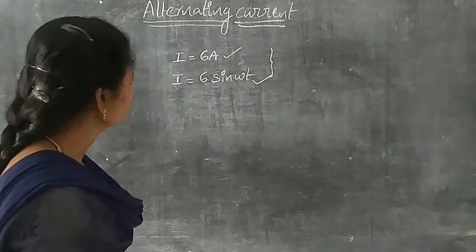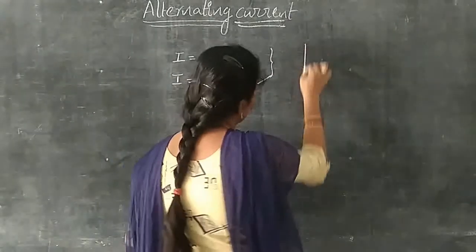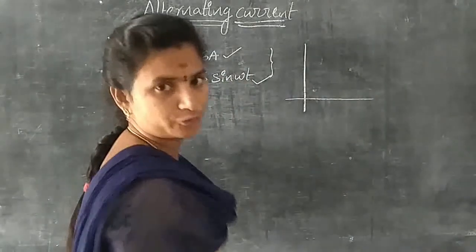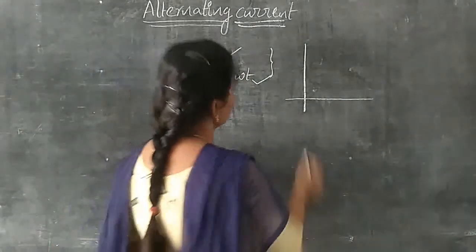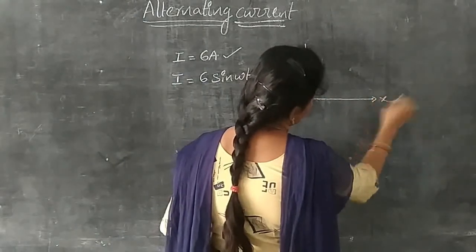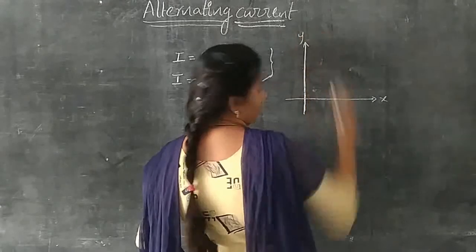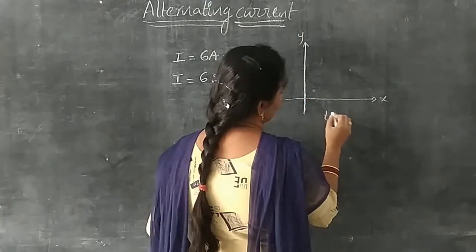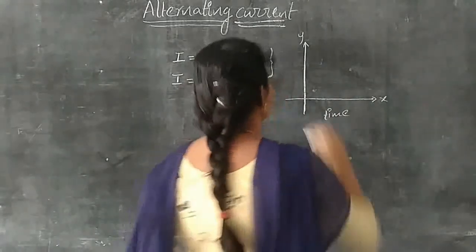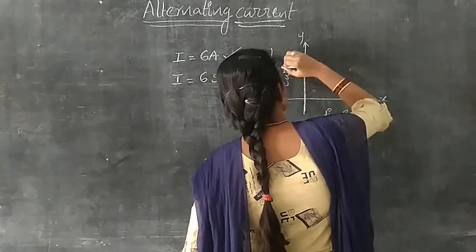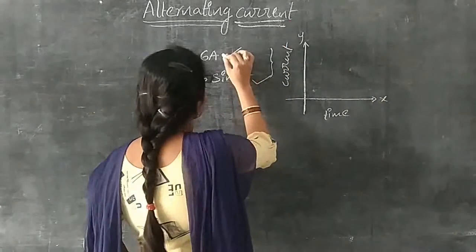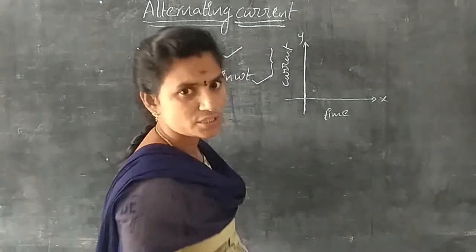Suppose for example, let us plot a graph. On the x-axis, I will take time. On the y-axis, current. So here, suppose 6 amperes current, I is equal to 6 amperes.